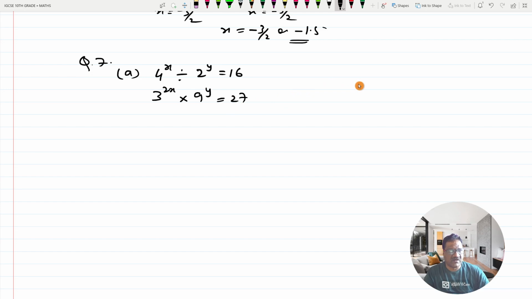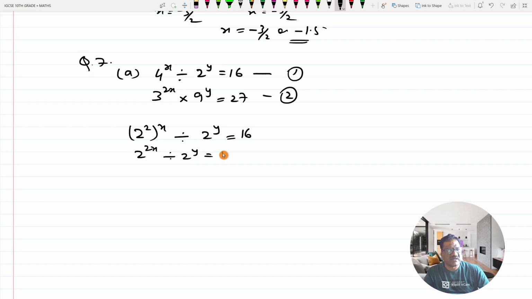Now, how are we going to deal with this? First of all, this is equation number 1, this is equation number 2. The first equation I'm going to take as (2 square) raised to x divided by 2 raised to y equal to 16. This will give me 2 raised to 2x divided by 2 raised to y equal to 16.